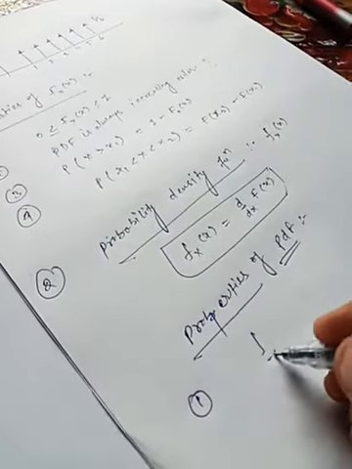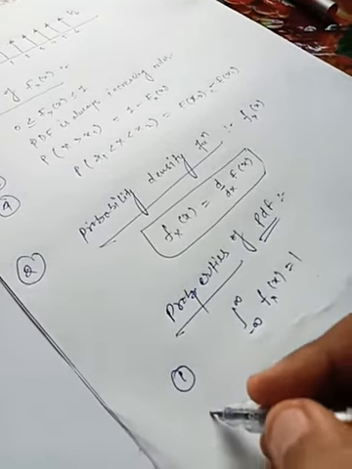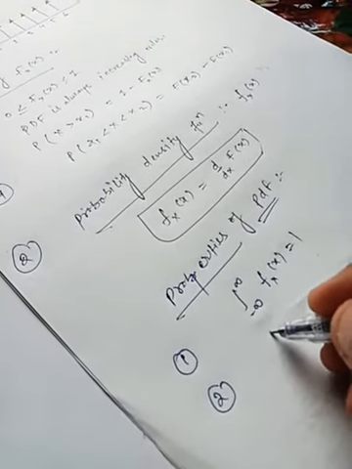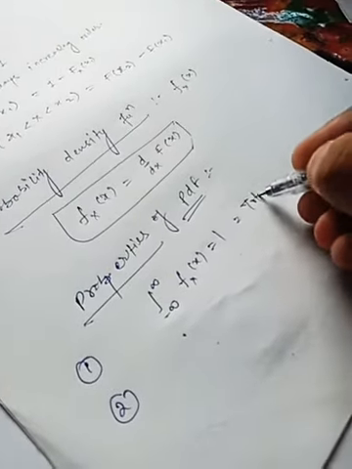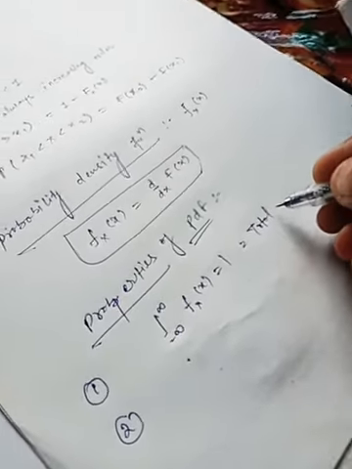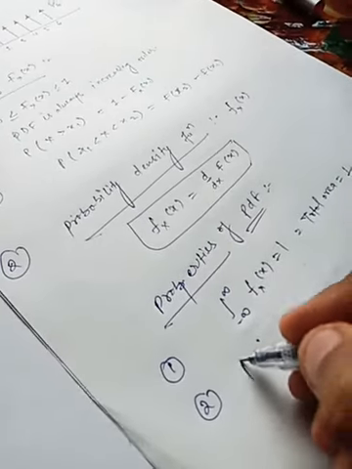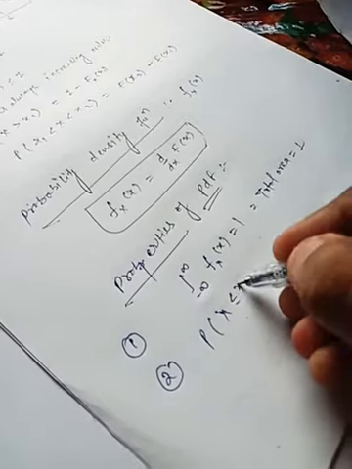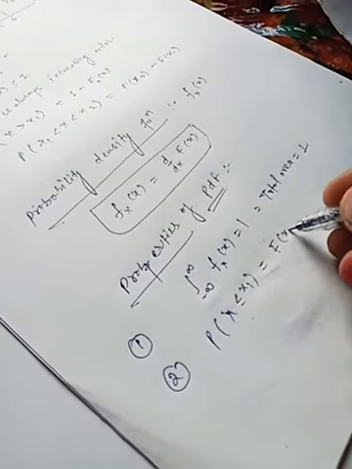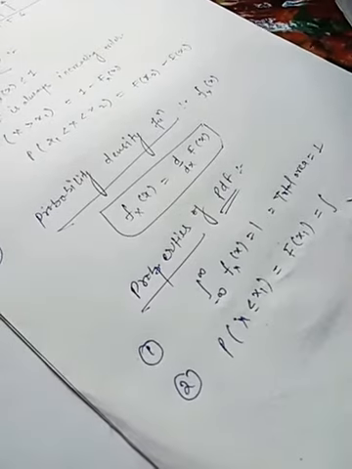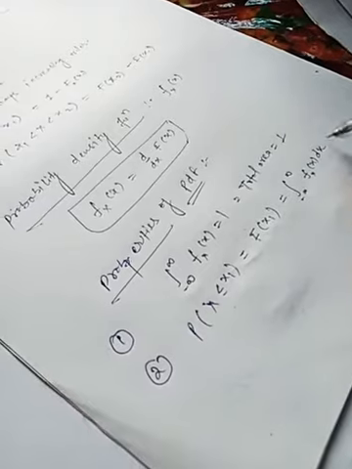First, the total area is always equal to 1. Second, probability x is less than or equal to x1 is equal to F of x1, equal to the integral from minus infinity to x1 of f of x dx.